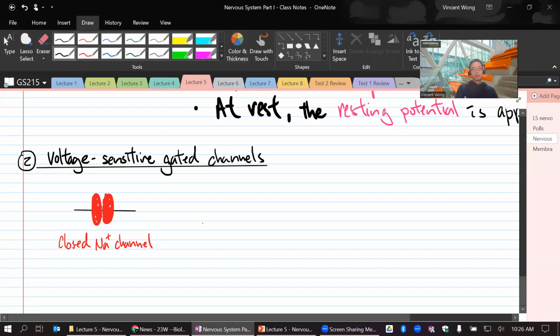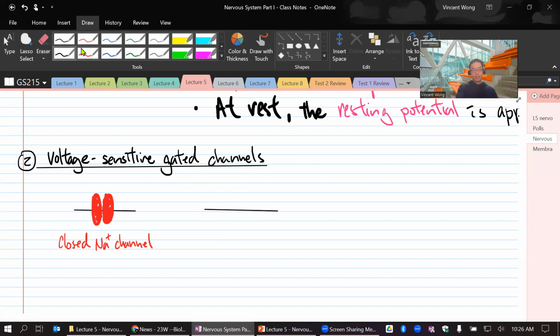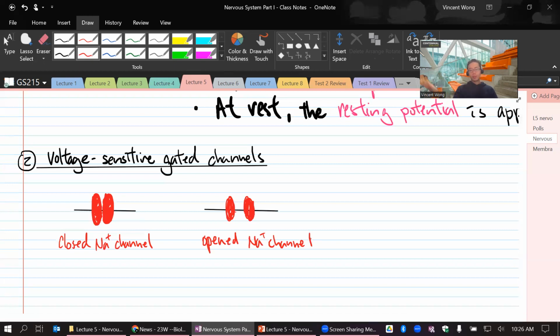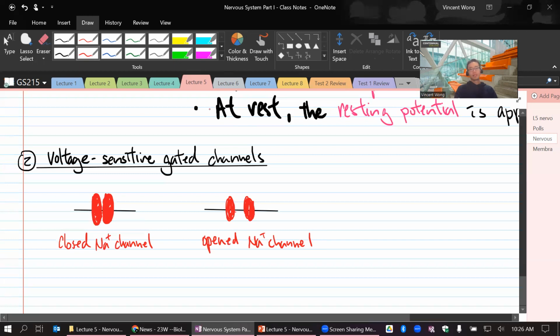And when the voltage is correct, then they will open. So this is an opened sodium channel, right? And, needless to say, a sodium channel will only allow sodium to pass through.